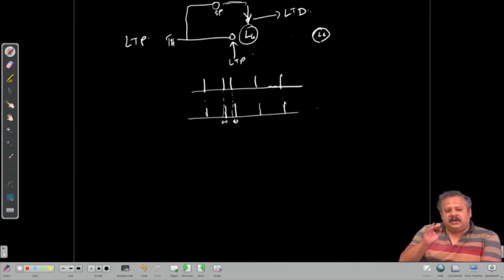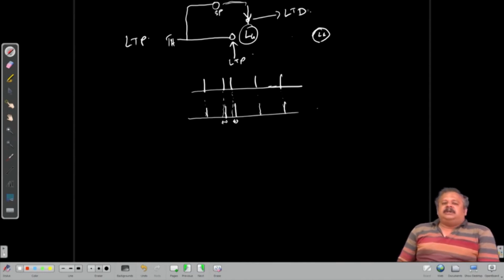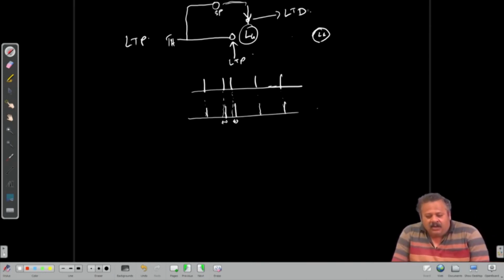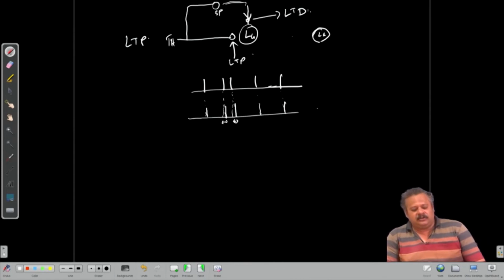So, what happens is there is long term depression in this particular synapse, and this will gradually die away. Since the subplate output is going to die away, the subplate is not playing a role anymore, and that pathway is abolished. In fact, the subplate neurons go through apoptosis.